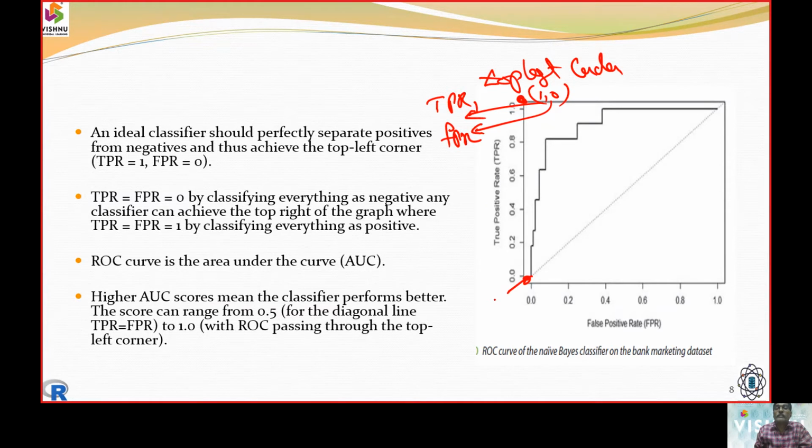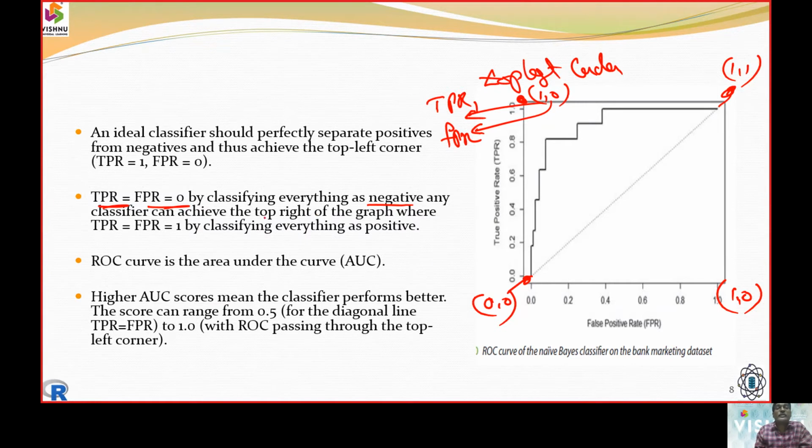And at this point, it is 0, 0. At the other point, it is 1, 1. And here it is 1, 0. Now we have this true positive rate and false positive rate, both zeros, and now we assume everything as negative, so the true positive rate and false positive rate are going to be 0 as everything is negative.